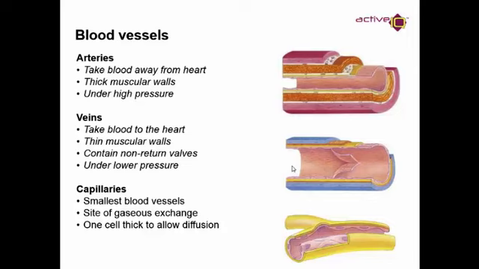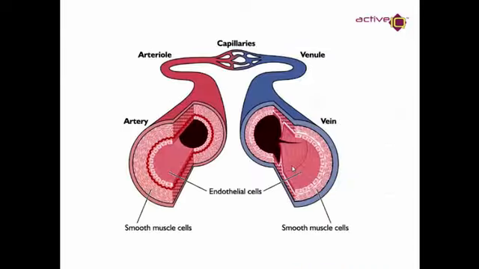All right? That's what capillaries do. They allow us to make gaseous exchange, and there's also lots of capillaries around the lungs as well, so that when we breathe in, we can get the oxygen into the bloodstream, and we can get the carbon dioxide out again through the lungs, and we can breathe it out. And that's the purpose of our capillaries.